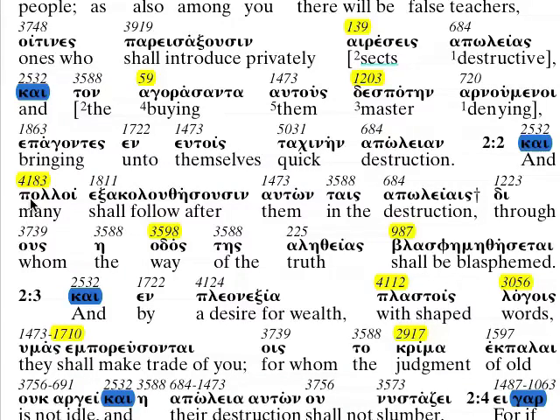And many, polloi, shall follow after them, the false prophets and teachers, in the destruction, through whom the way of the truth shall be blasphemed. There's the verb for blaspheme. You can see the first part of this Greek word is identical: shall be blasphemed.